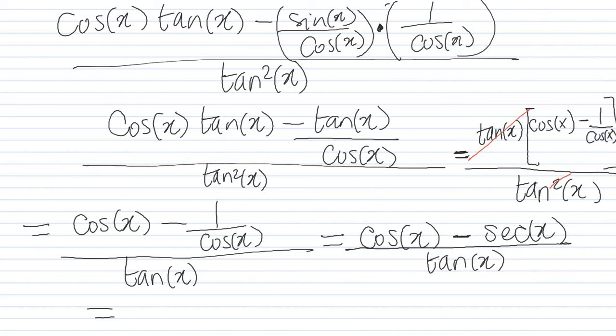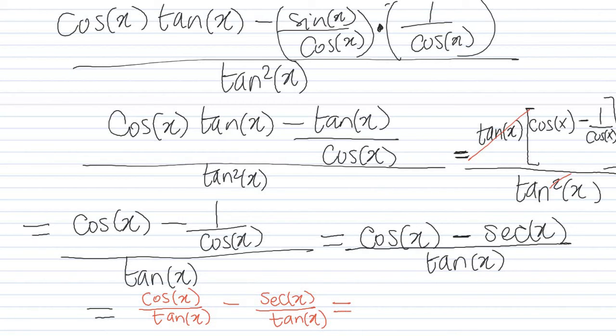cosine divided by tan is the same thing as sine. So I'm going to switch the color now to red, because it pops out more. So you have cosine x, right? If you're going to split the fraction, you have cosine x divided by tan x, right? Minus secant x divided by tan x.